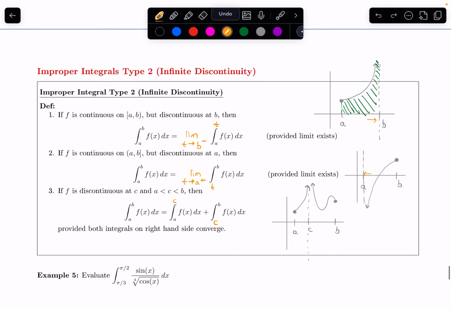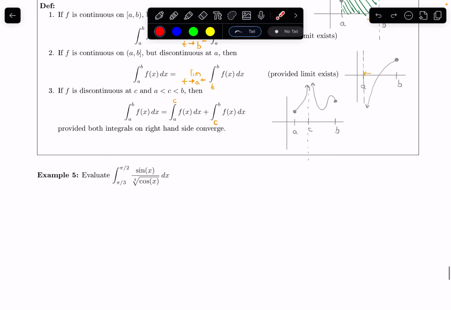So when there is a discontinuity somewhere in the middle, I have to split it up into pieces like this, where both of these are now situations like the first two, where it's discontinuous at either the right endpoint or the left endpoint. If both of these integrals converge, meaning they're both finite, then I just add them up, and that's the value of the initial integral.